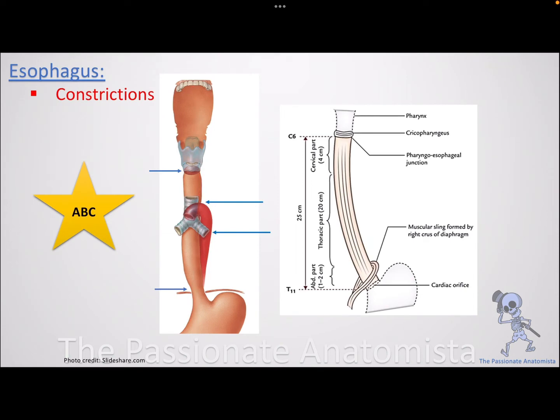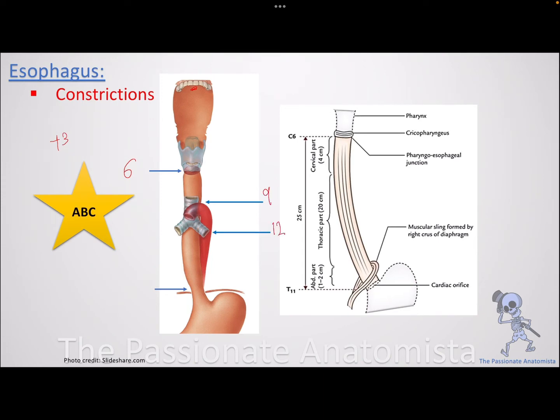How will you remember the measurements of the constrictions of the esophagus? We start our measurement by number 6, which is 6 inches from the incisor teeth here. And then you add 3 to get to the next constriction you are expecting to see. Starting from 6, you add 3, it becomes 9 inches.